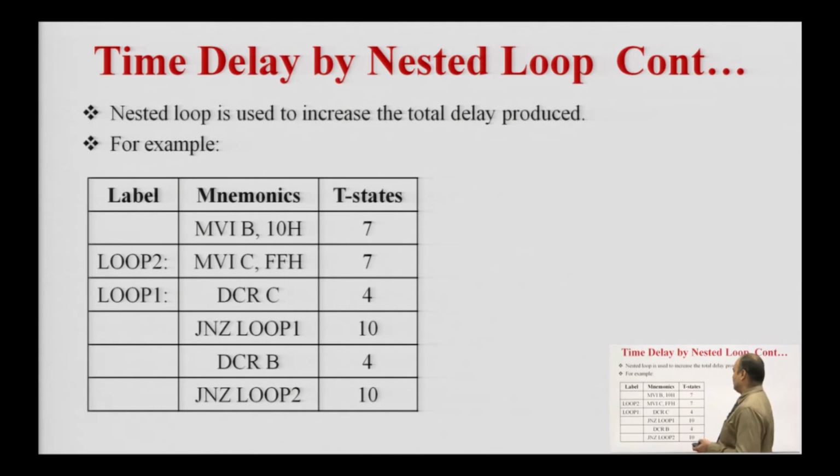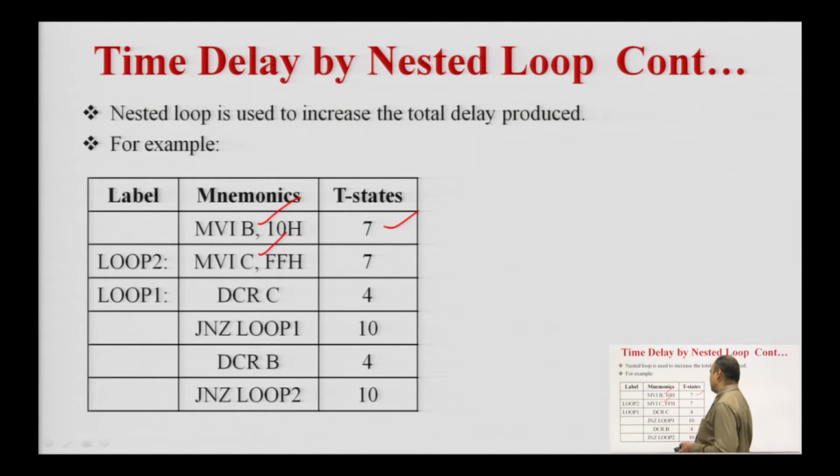Here is a program which is an example of the nested loop. Two counters are used, that is MVI B and MVI C. For MVI B the count value is 10H, and this instruction requires 7 T states.